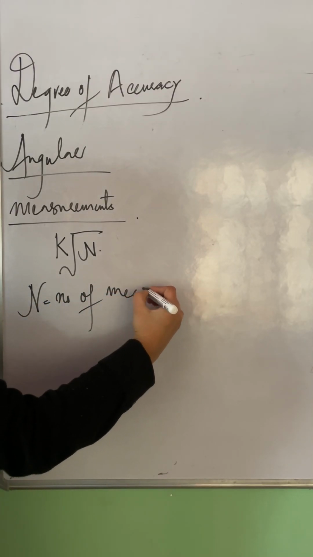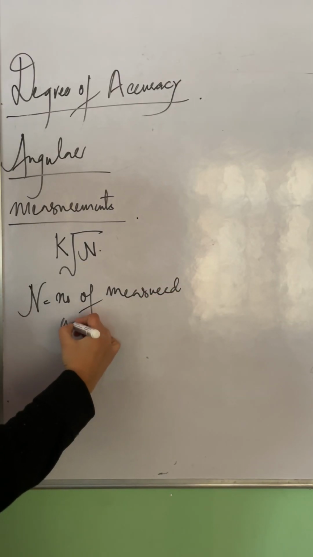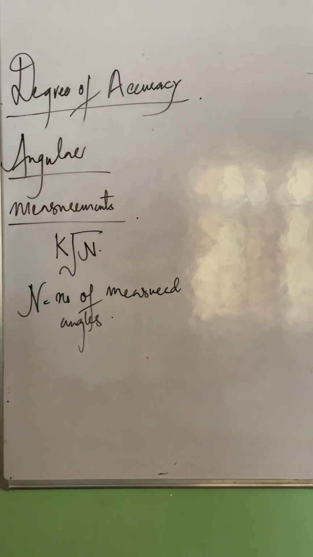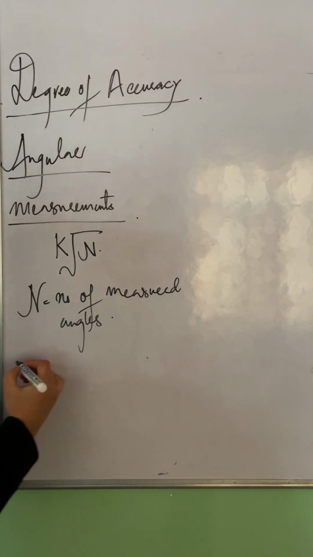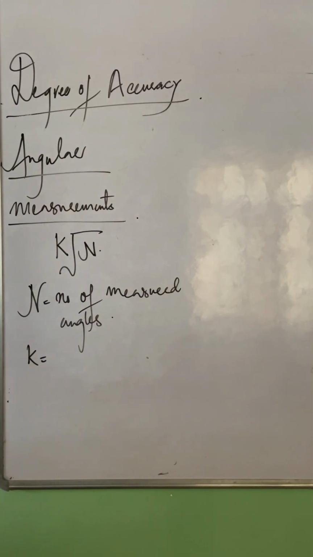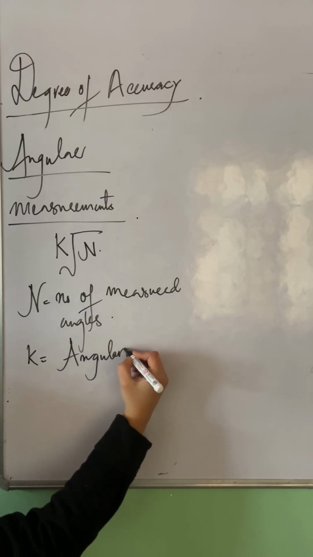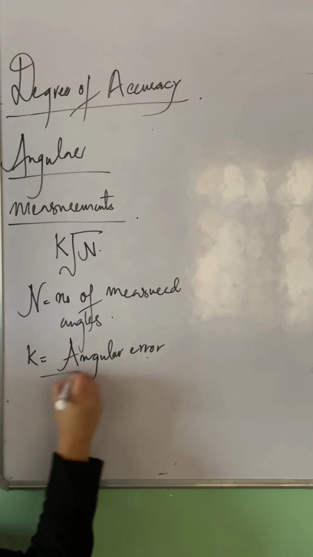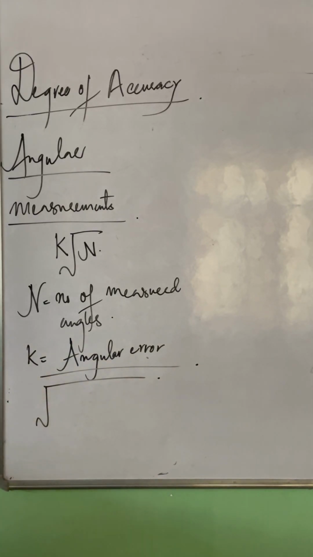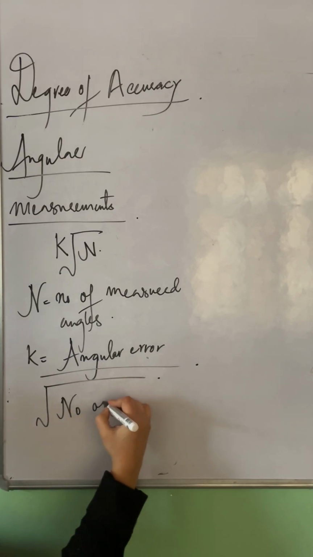And K is the ratio between angular error of closure divided by the square root of the number of angles measured.